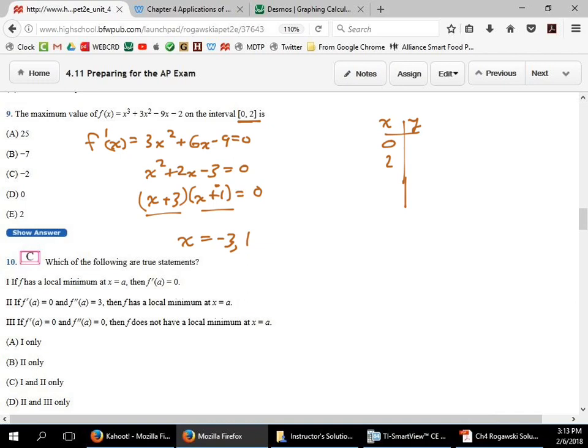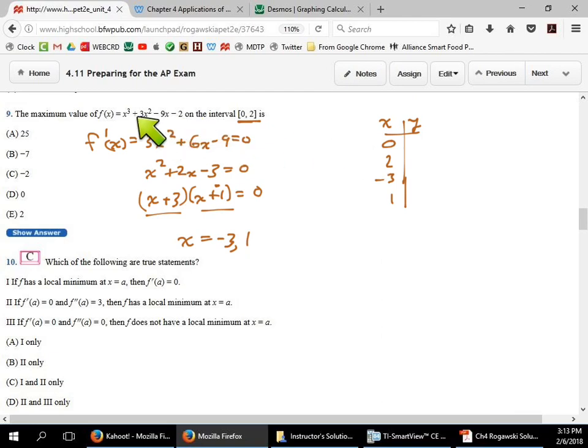So now we've got to test negative 3 and positive 1. I just want to double check what this is asking. It says the maximum value. So whatever the y value you get here that is the max, that would be your answer. What we have to do is plug these back into this function.